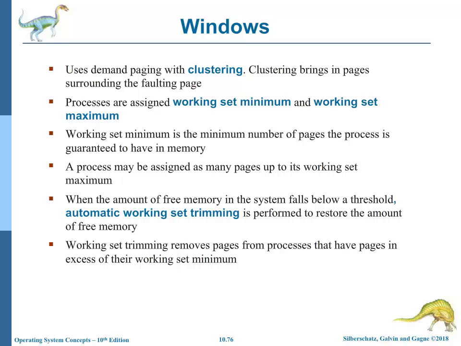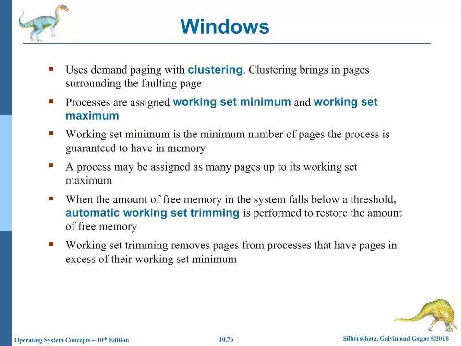Windows 10 supports multiple features such as shared libraries, demand paging, copy on write, paging, and memory compression. Windows 10 uses demand paging with clustering. Whole page clusters are fetched together following a page fault. A process is assigned a working set minimum and maximum number of frames, but these are not hard limits.